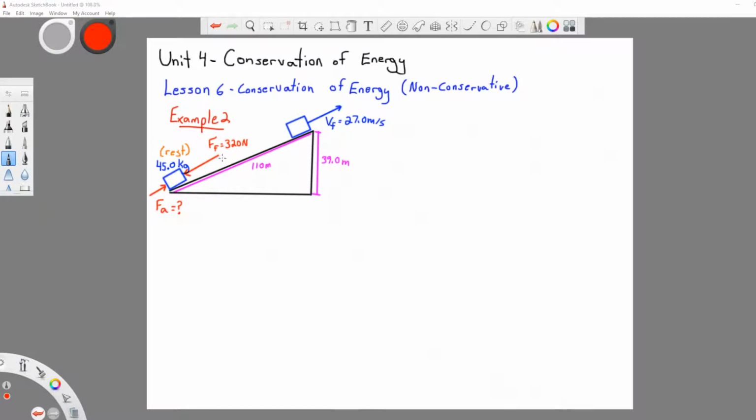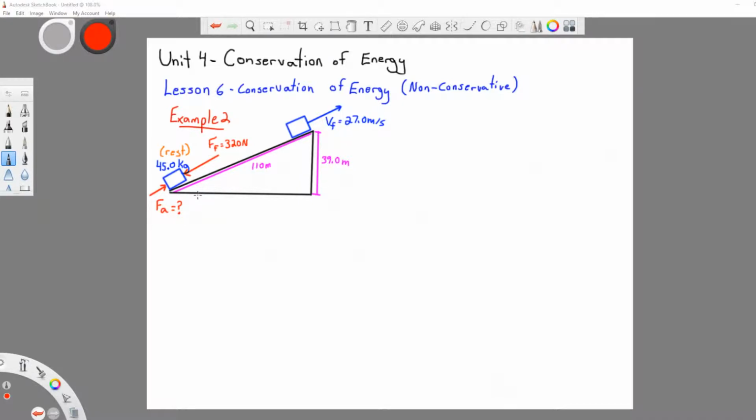Now when this block finally reaches the top of the slope, all we know about it is that it has a final velocity of 27 meters per second. Alright, now the question is asking us to find our force applied. I don't think that should be too incredibly challenging, but let's give it a go.